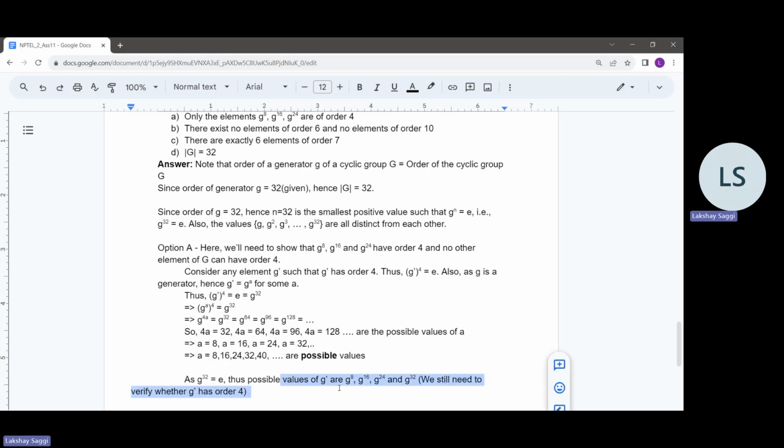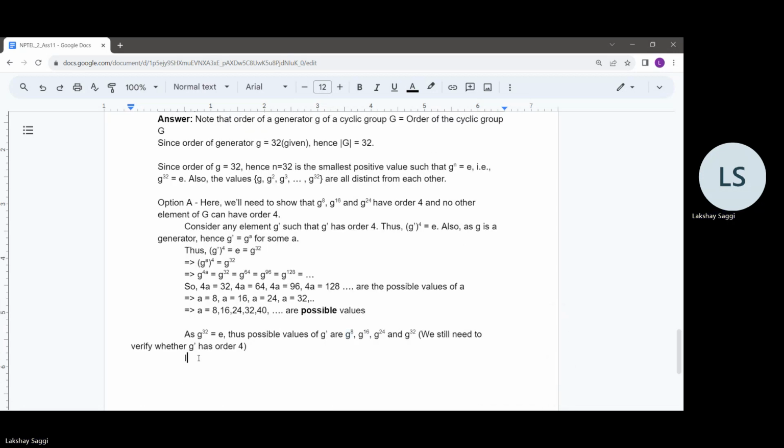So till now we have only used the equation that G prime raised to the power 4 is E, but we have not used the fact that this should also have order 4. So it can be seen that if we consider G prime as G raised to power 8, then, maybe I should just write down, if G prime is equal to G raised to power 8.